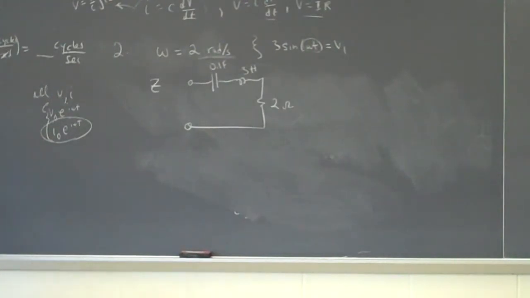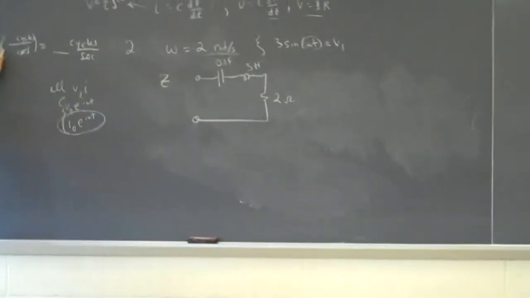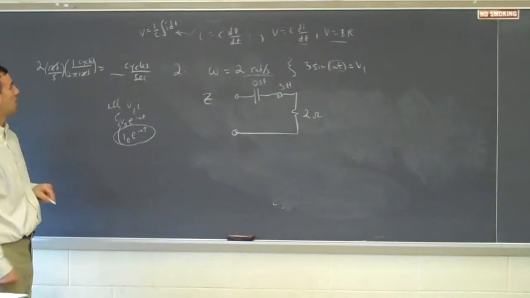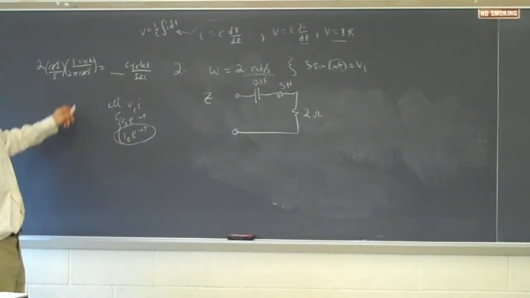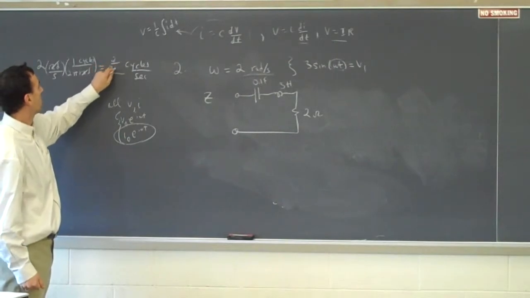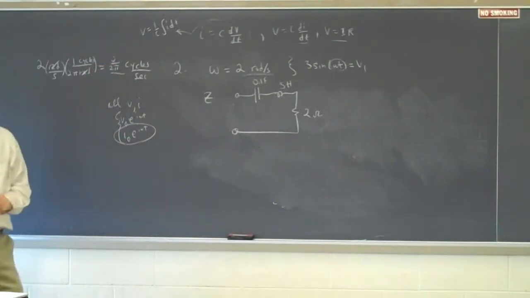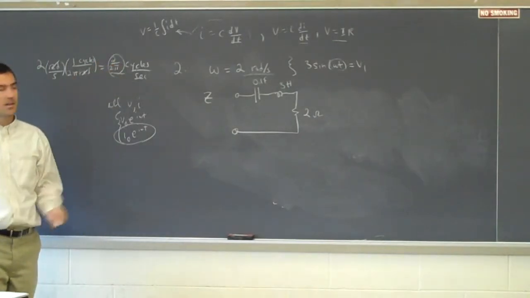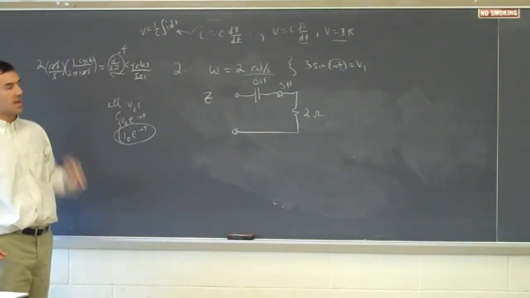How many radians are in one complete cycle of the sine function? 2 pi. So 2 pi radians equals 1 cycle. So 2 radians per second would be 2 divided by 2 pi cycles per second. And that's my frequency, F.